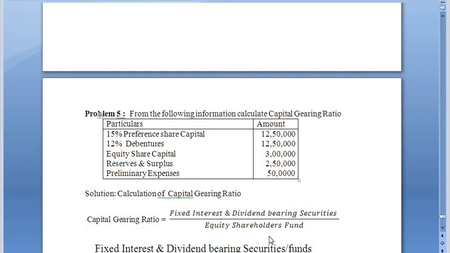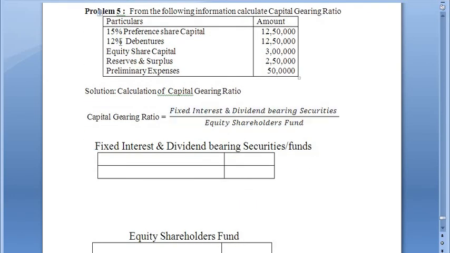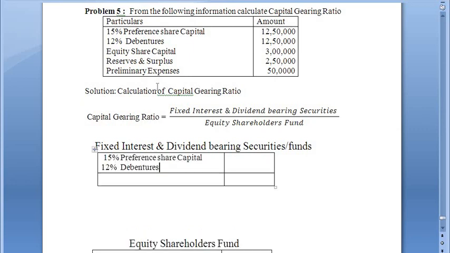Okay, so the first one is fixed interest and dividend bearing securities or funds. Okay, so see here, in the problem there is preference share capital, so this is an example of fixed interest and dividend bearing fund. Next, debentures. Okay, so we'll take both here. Next one, amount. What is the amount of preference share capital? 12,50,000.